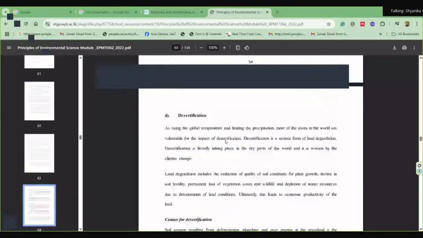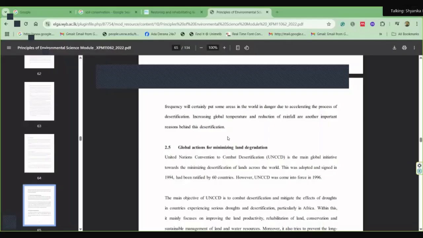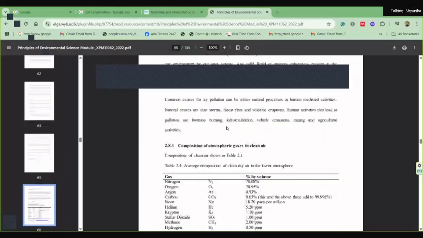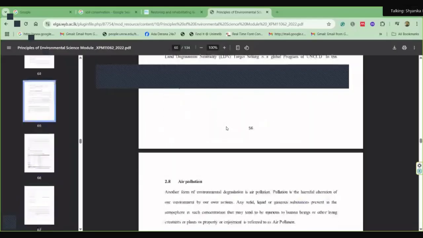And desertification, land degradation neutrality, LDN targets, here also mentioned. And with that, we finished the land degradation.